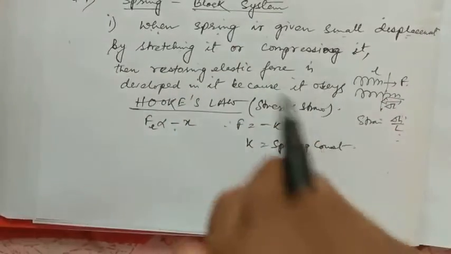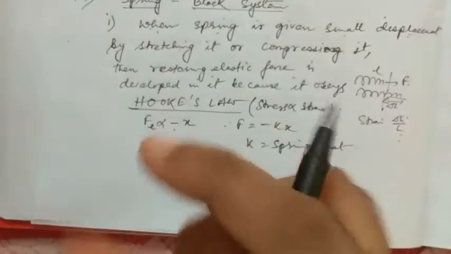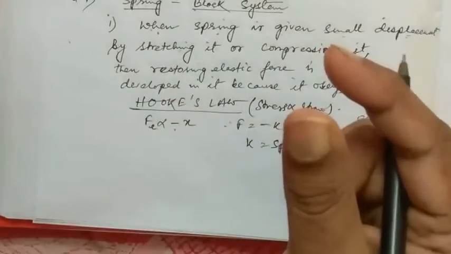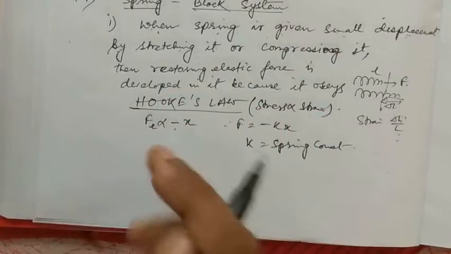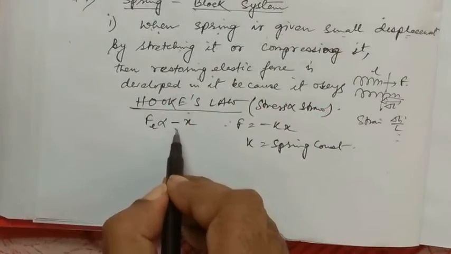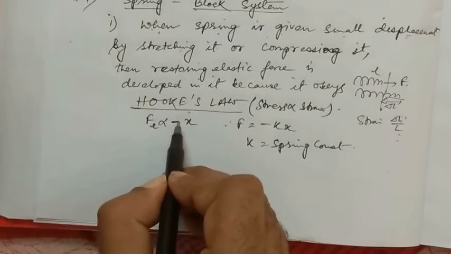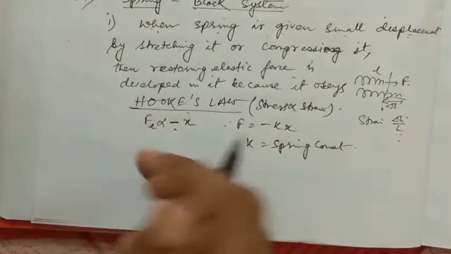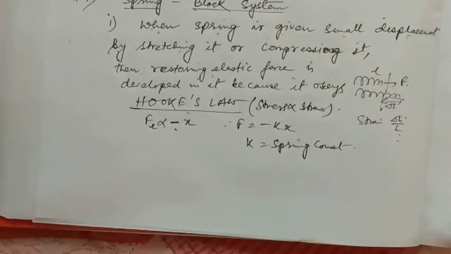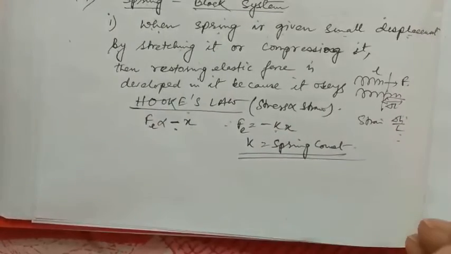It will always prevent its change of dimensions. So this is the elastic force developed within the spring, and a minus sign comes. This is the internal force, always in a direction opposite to that of the external force applied. So F is proportional to minus kx, where k is known as the spring constant.